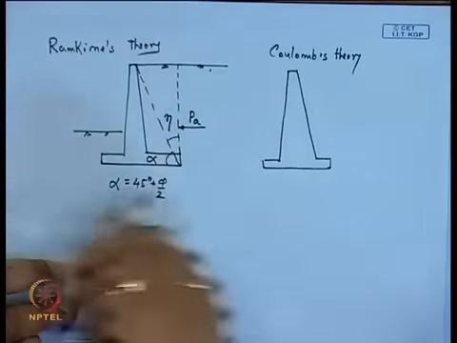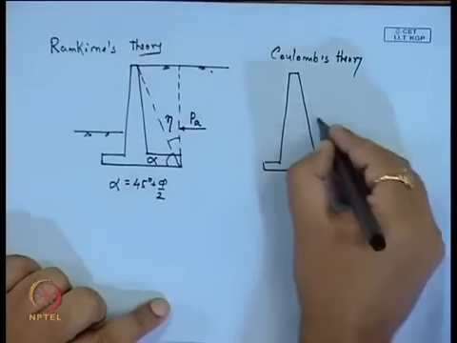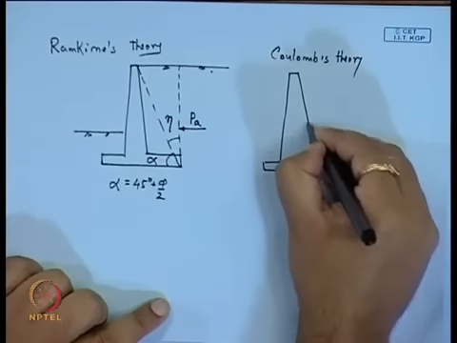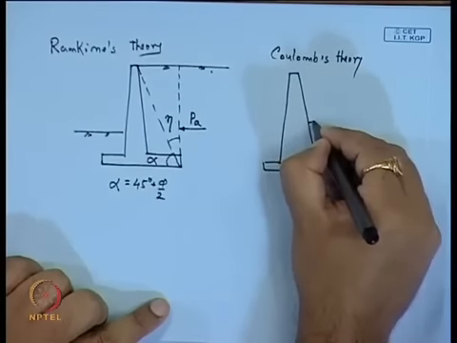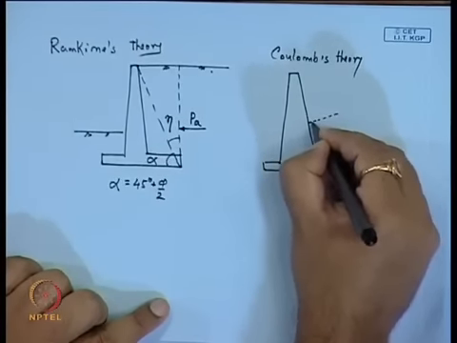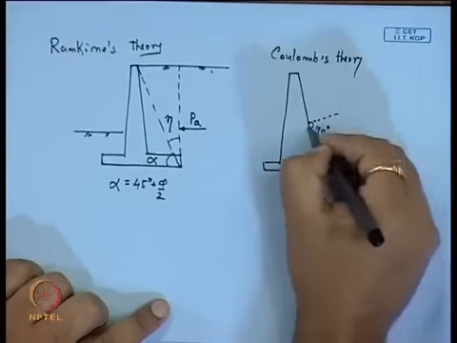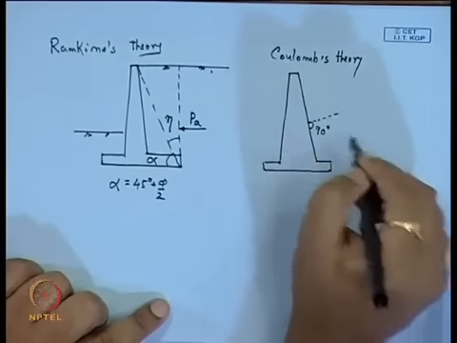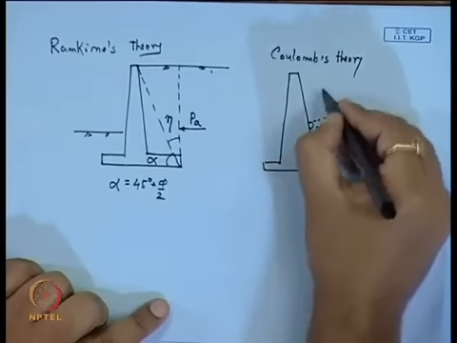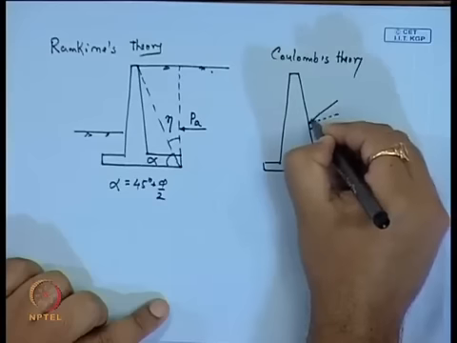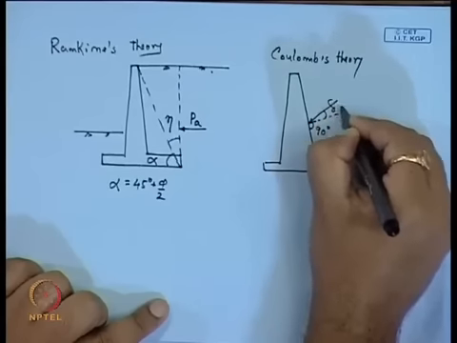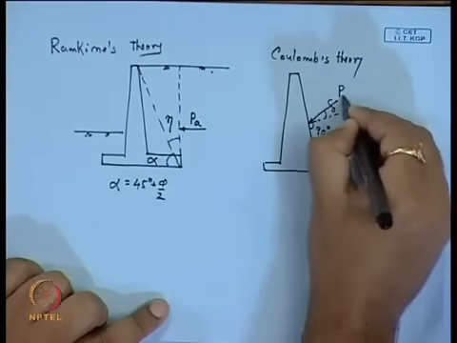Now, this is our base. Now, for the Coulomb's theory, as we know, if I draw a vertical line or perpendicular line, so this is 90 degree perpendicular line to the face of this side of the retaining wall, then P A will act with an angle delta of the vertical line.